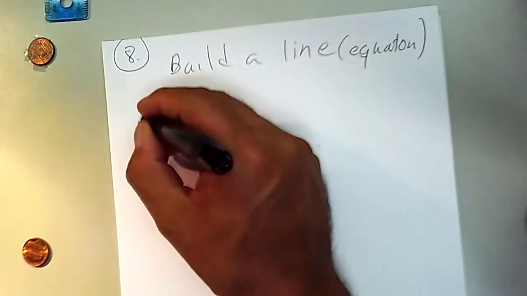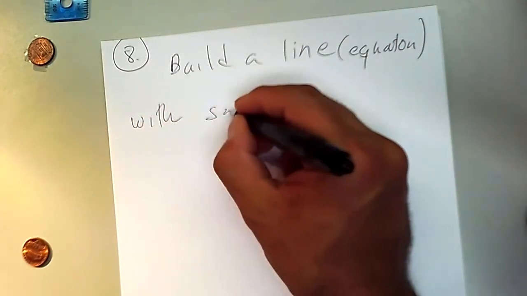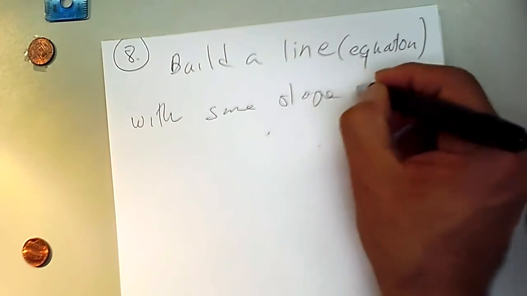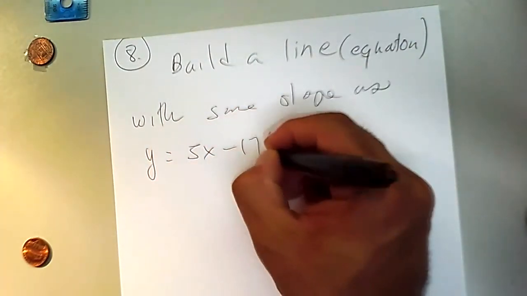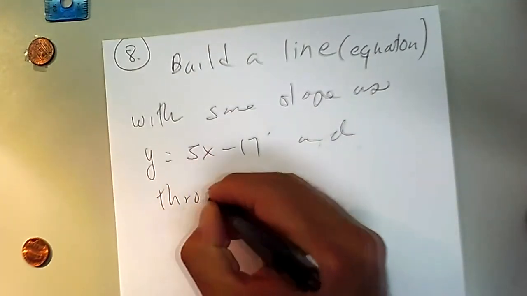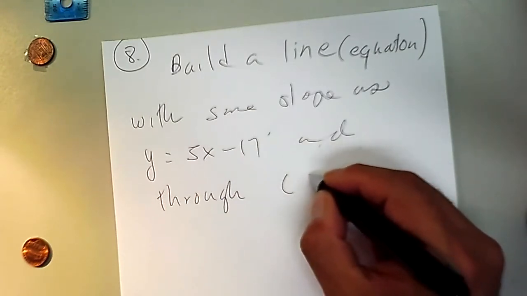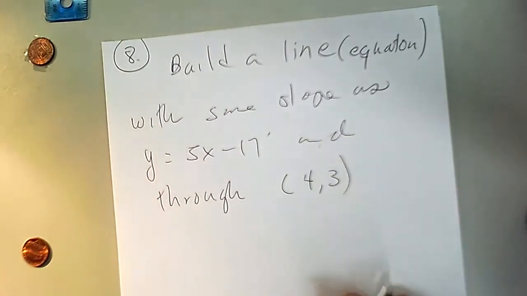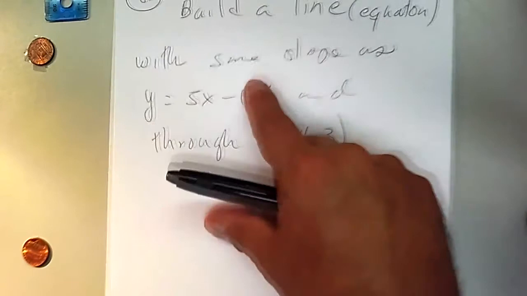I really like this line, with the same slope as y equals 5x minus 17, and through (4, 3).